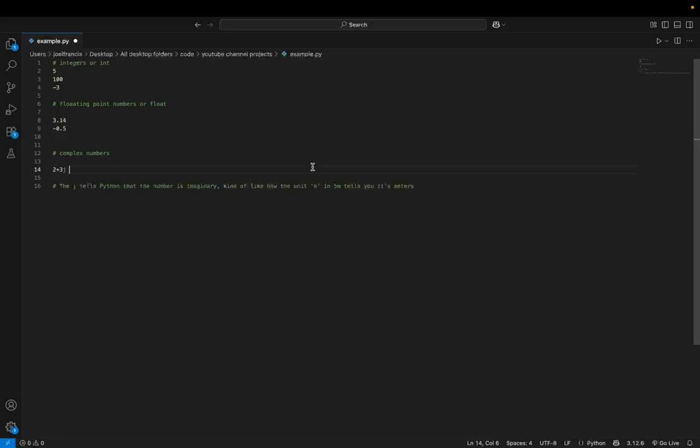The j tells Python that the number is imaginary, kind of like how the unit m in 5m tells you it's meters. So when you put a real number and an imaginary number together, you get a complex number. Python automatically recognizes these types, so you don't need to declare them explicitly.